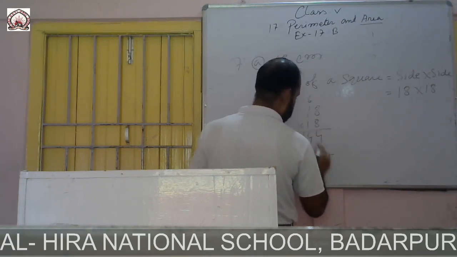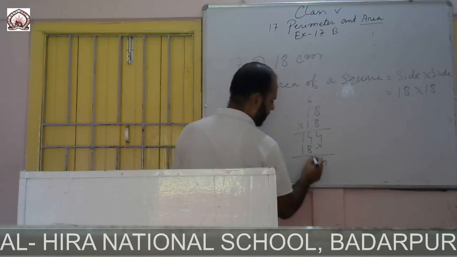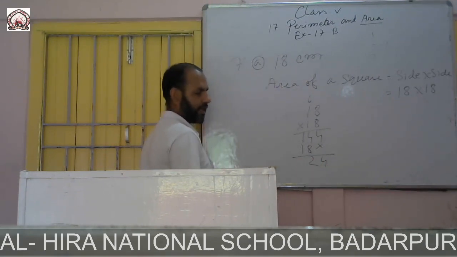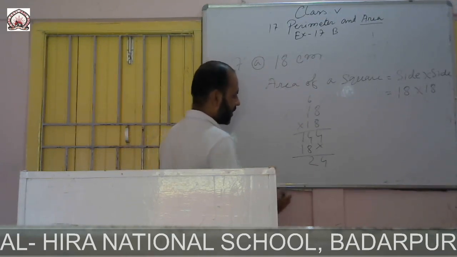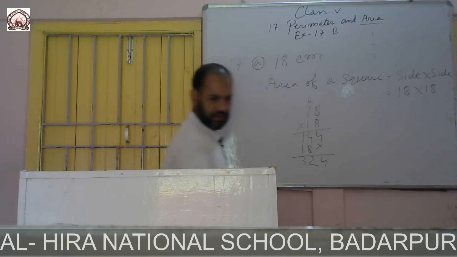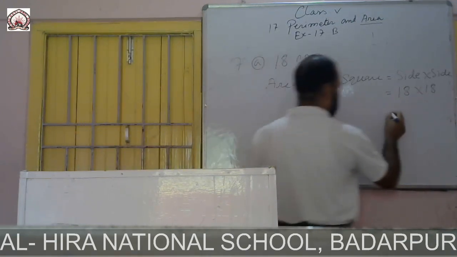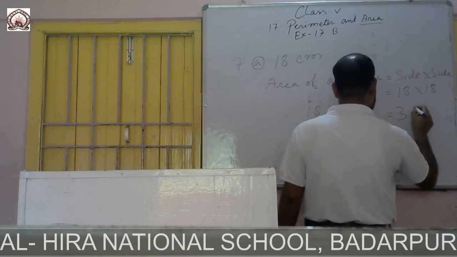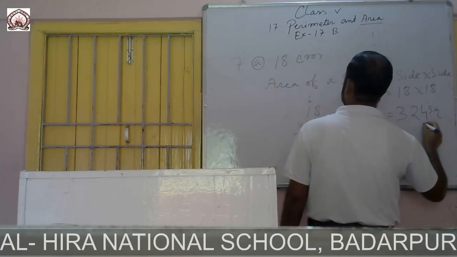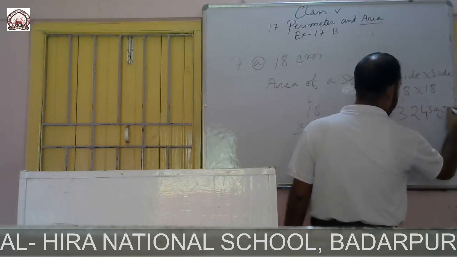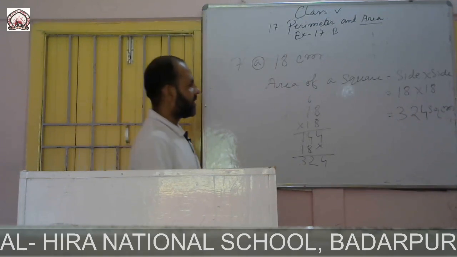So 4, 8 plus 4 is equal to 12, 2 and 1 in my hand, here 1 plus 1 is equal to 2 plus 1 is 3. So answer is 324 square centimeter.